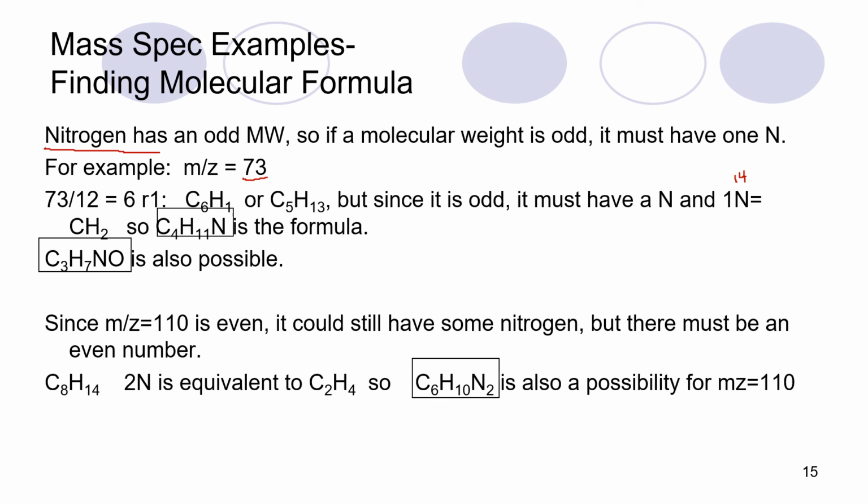So if you start with C8H14 and replace 2 carbons and 4 hydrogens, then we can have C6H10N2. So that's also a possibility, along with the other one, C7H10O. So anyway, you get the idea.